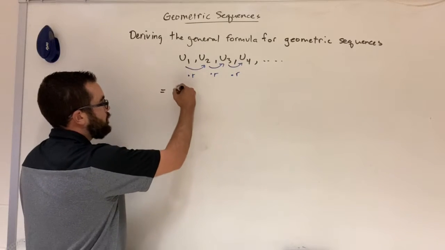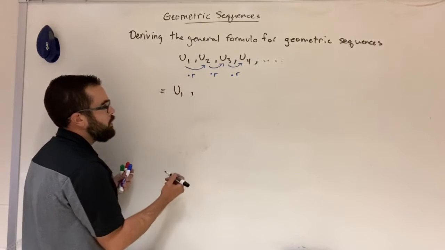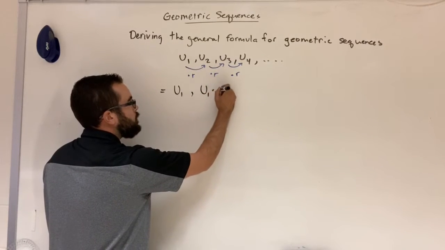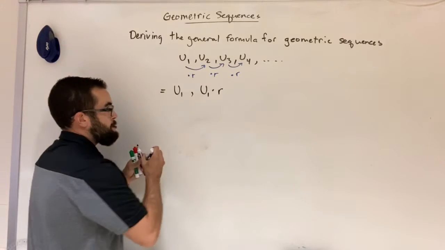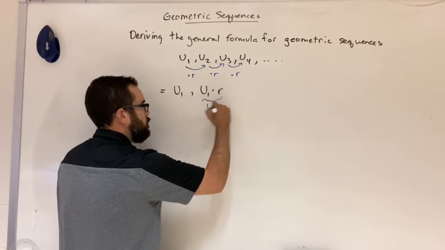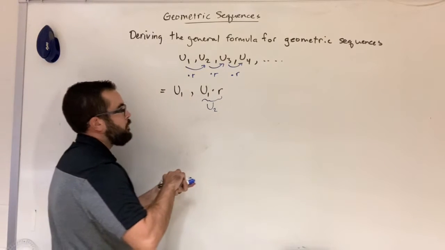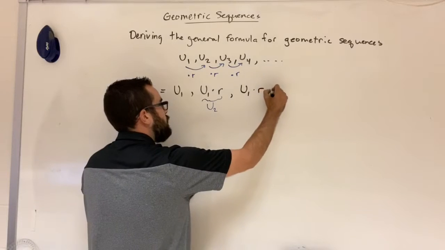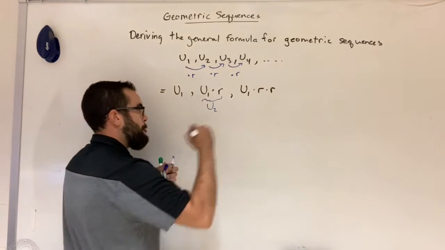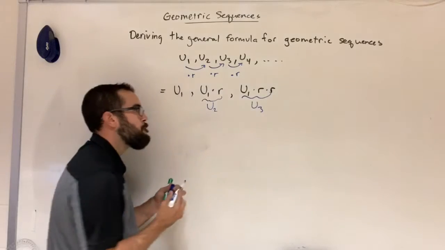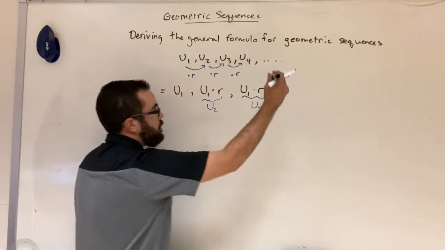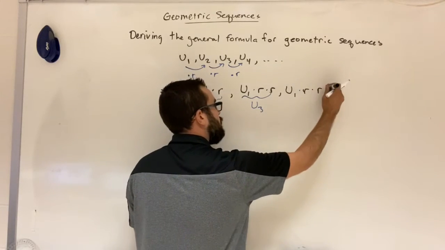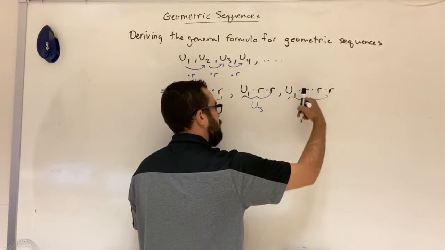So it'll look like this. u1 stays u1. u2 is going to be u1 times r. So this right here is u2. u3 is going to be u1 times r times r. u4 is going to be u1 times r times r times r. 3 r's there.